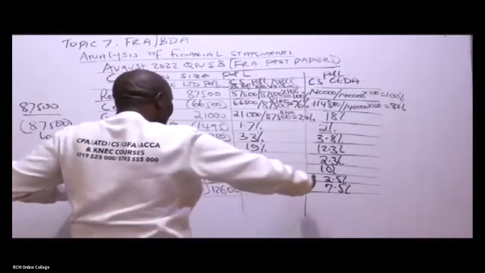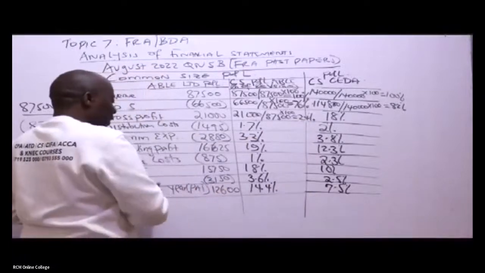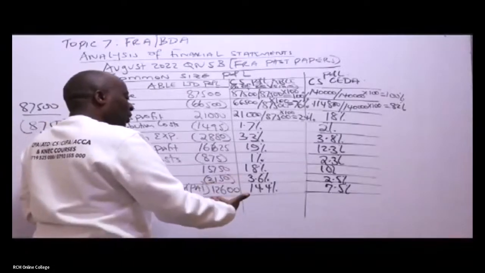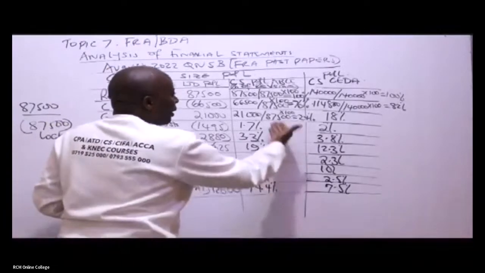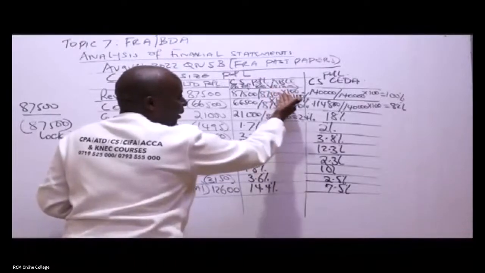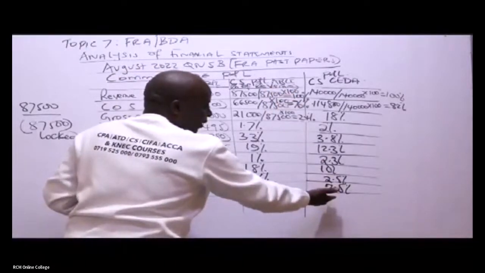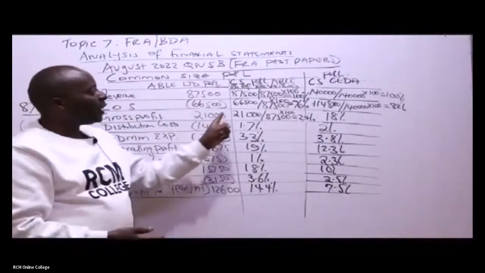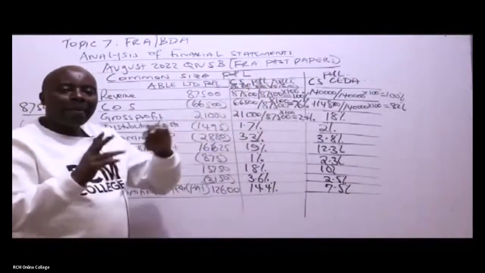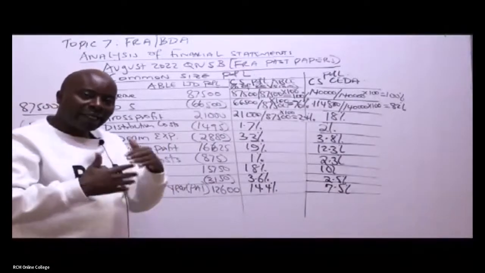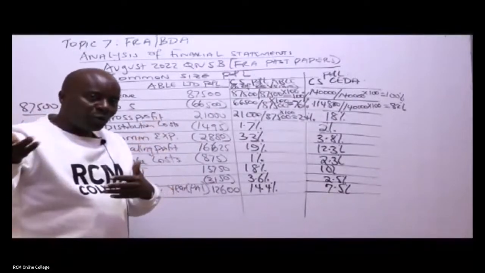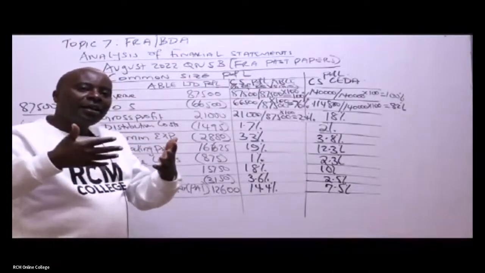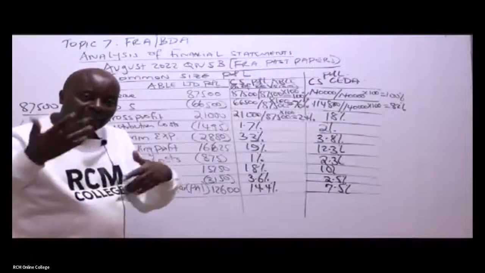And then look at the bottom line. The bottom line is the profit for the year, the PAT percentages. Again, in terms of PAT percentages, we can see that ABO is better, compared to 7.5. So the potential shareholders should invest in ABO because it has a higher gross profit percentage and a higher net profit percentage.